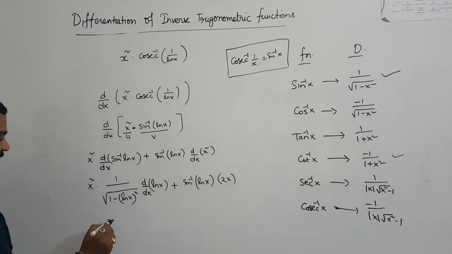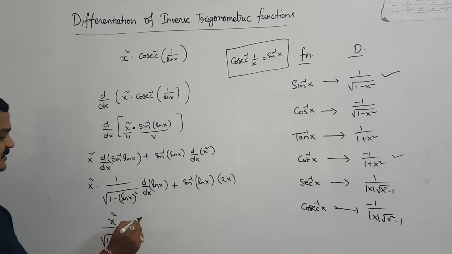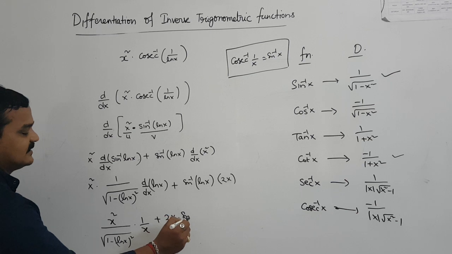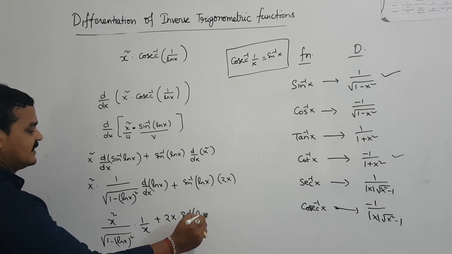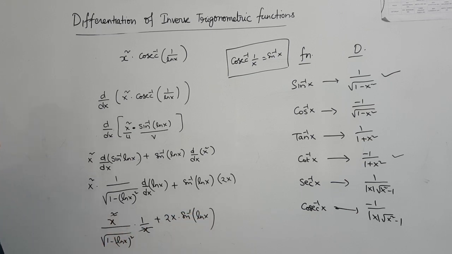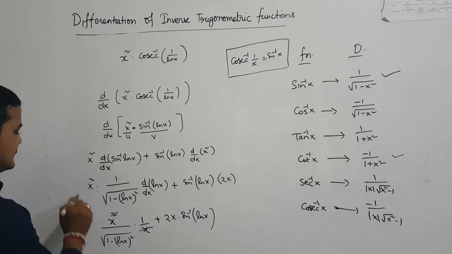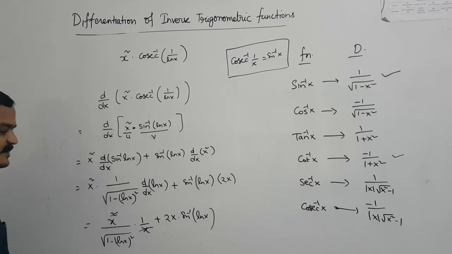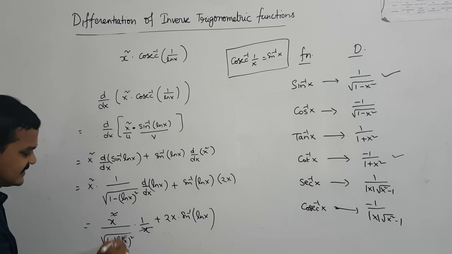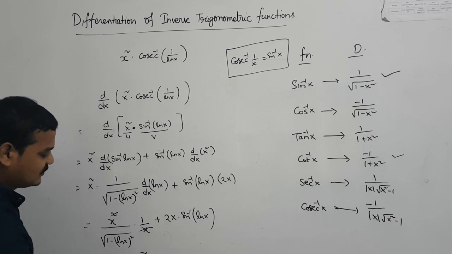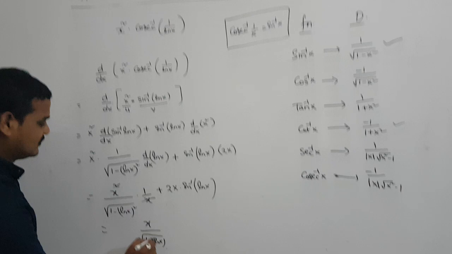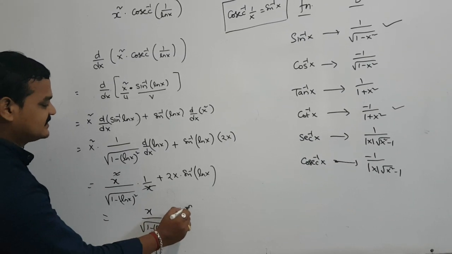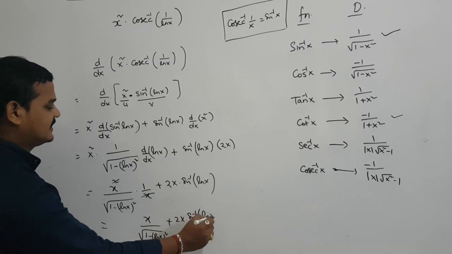So x square by root over 1 minus (ln x) whole square into derivative of ln x, which is 1 by x, plus 2x into sin⁻¹(ln x). So this x and x is cancelled. Don't simplify and leave this one like that. Otherwise, another step is x by root over 1 minus (ln x) whole square plus 2x into sin⁻¹(ln x).